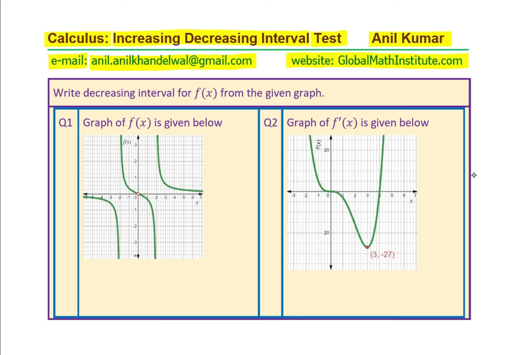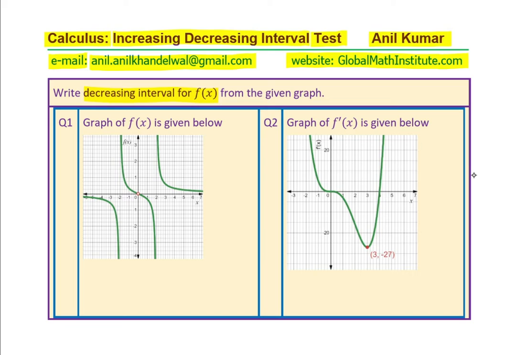So let's try to understand these concepts. Question number 1 and 2. They basically relate to write decreasing interval for function from the given graph. So we're given the graph, we have to write decreasing interval for function f of x. Question 1, graph of f of x is given below. And question 2 is graph of f prime x.